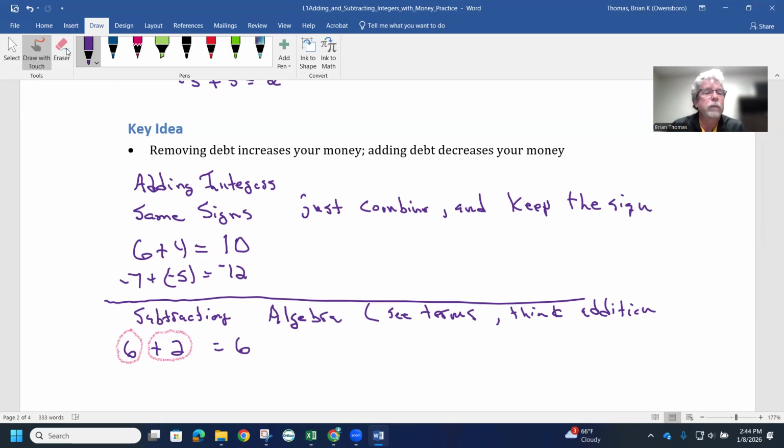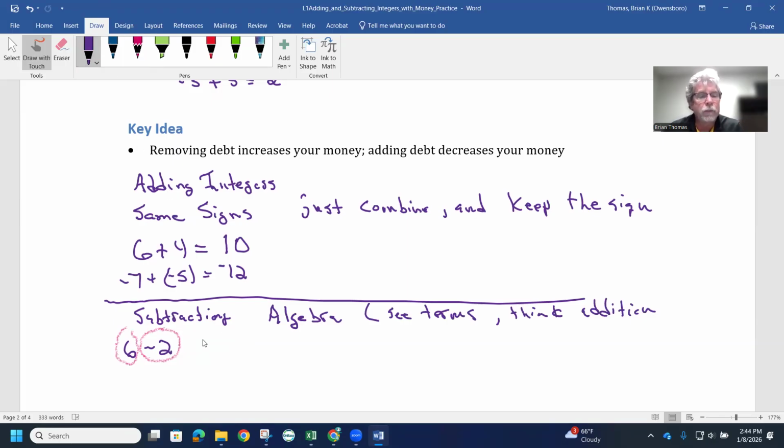Let me try that again, since we're subtracting. So let's go 6 minus 2. If we're going to see this as terms, we want to see this as a positive 6. But the catch is when we see this as terms, the subtraction symbol turns into a negative symbol.